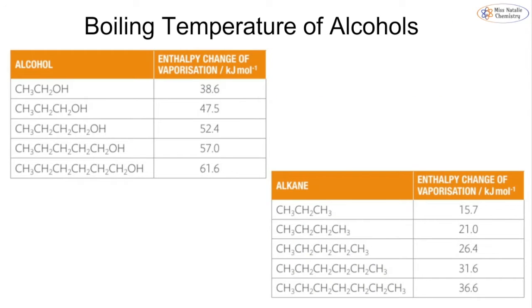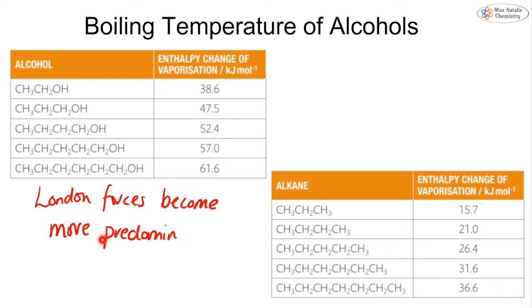You can see as we increase the chain length, going from ethanol to propanol to butanol and so on, our enthalpy of vaporization increases. We see this as well in our alkanes, and it is because the London forces become more predominant. They become the force that determines the boiling point.